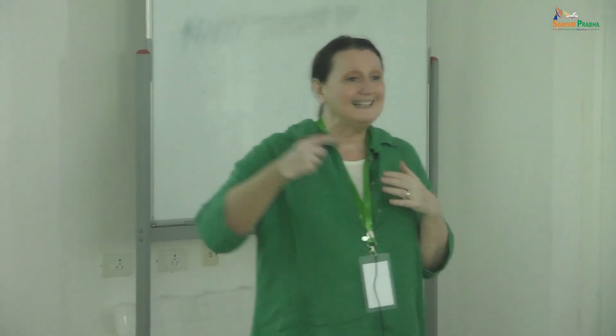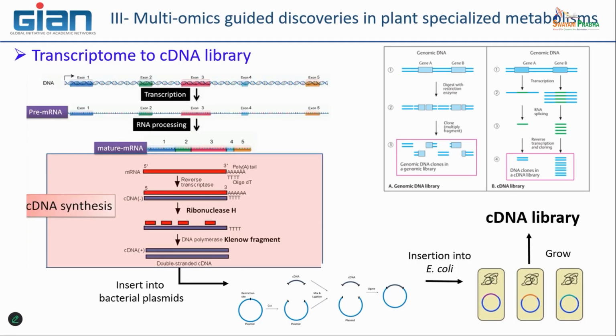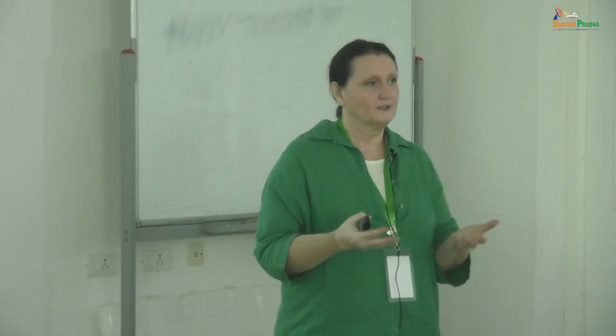So the cDNA library is also not complete, as a genomic library could be. And also, when you have a set of mRNA, they are not expressed at the same level, depending on stimulation of their expression.